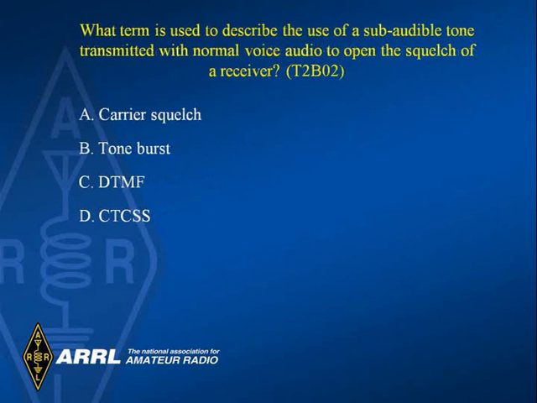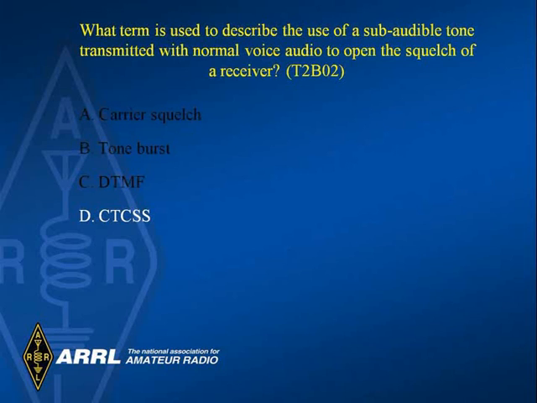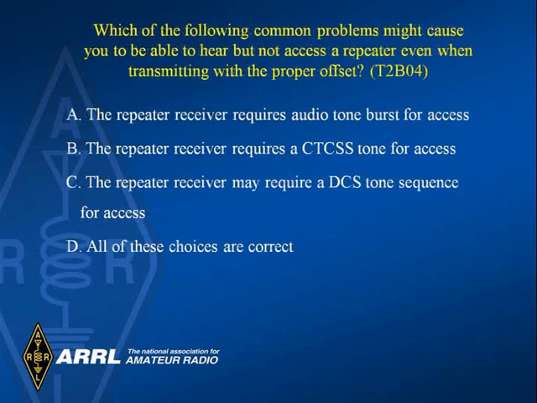What term is used to describe the use of a subaudible tone transmitted with normal voice audio to open the squelch of a receiver? The answer is D, CTCSS. Which of the following common problems might cause you to be able to hear but not access a repeater even when transmitting with the proper offset?